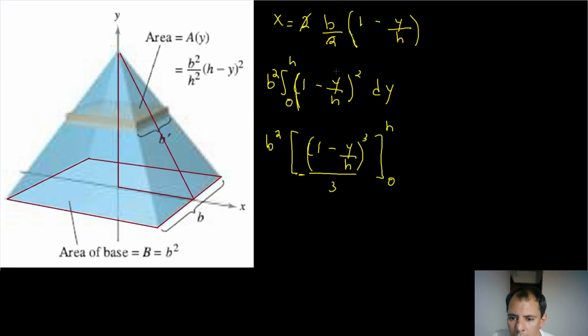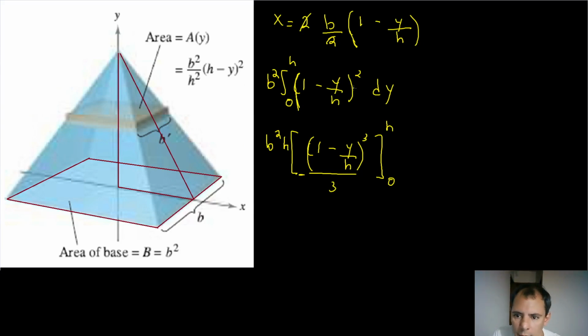It's gonna be this thing divided by 3 divided by the derivative of the inner function. Now the derivative of the inner function is minus 1 divided by h. Because this minus is already here, but because it's dividing by 1 divided by h, it's actually multiplying by h. So I can put the h in here.